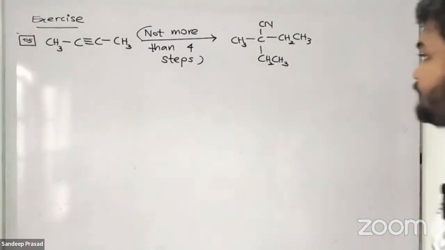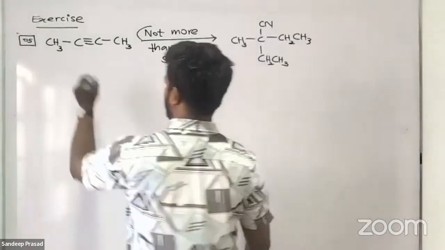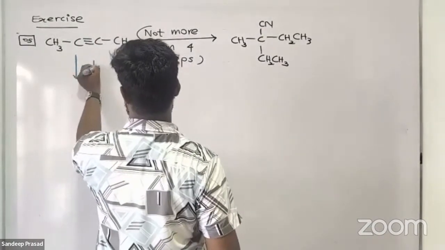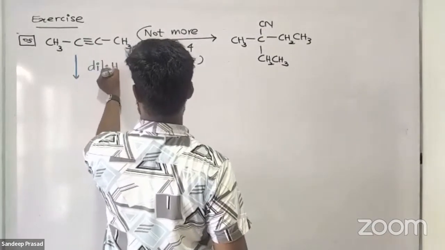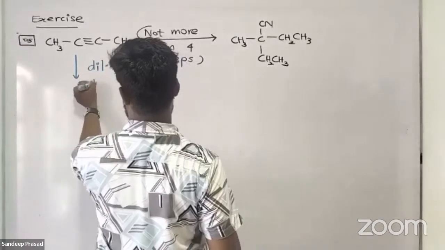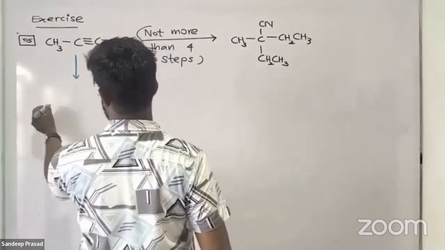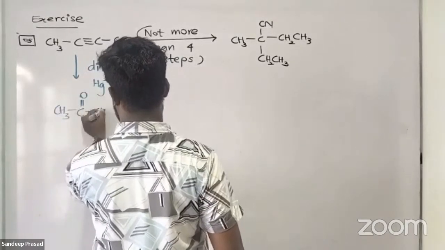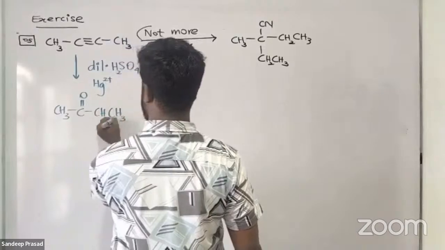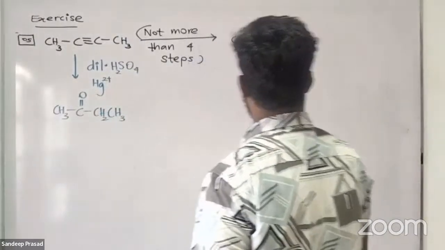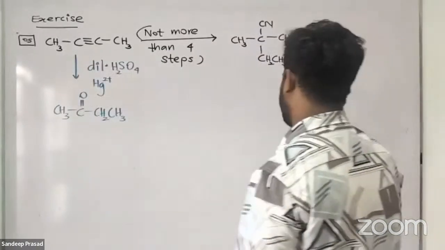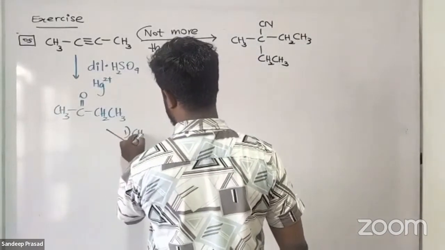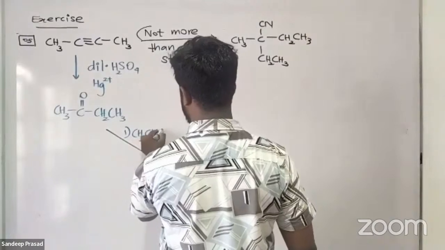Right, look at this one. First of all, since it is an alkyne, we can add here diluted sulfuric and mercuric cation. Then it forms CH3, C double bond CH2, CH3. Right? And then, what about if I add here Grignard reagent CH3CH2MgBr?